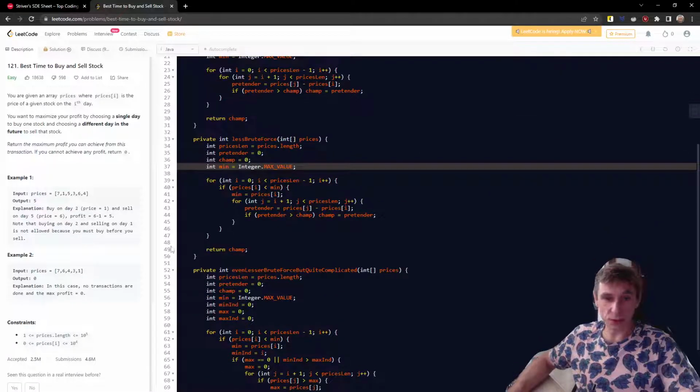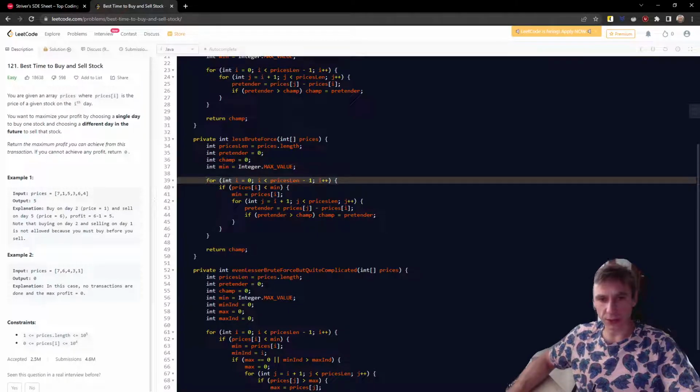So the other solution is less brute force. First of all, we store the minimum value, and we iterate through the whole other part of the array only if we found a number smaller than the minimum.